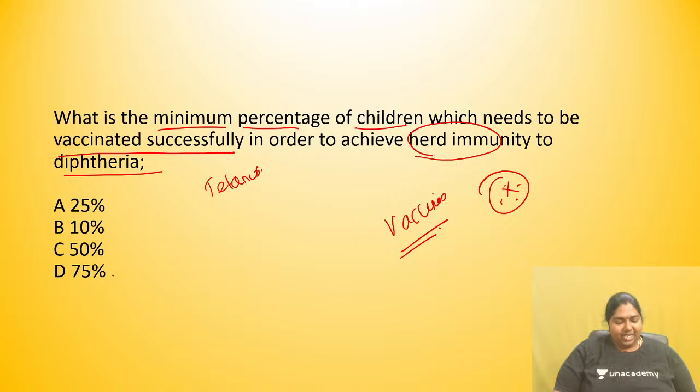Shrishti, very good. Correct. Yes, Sanjay. It is going to be 75%. Why is a lower percentage not going to give you herd immunity? What about the nature of tetanus and diphtheria? Tetanus is the TT injection.